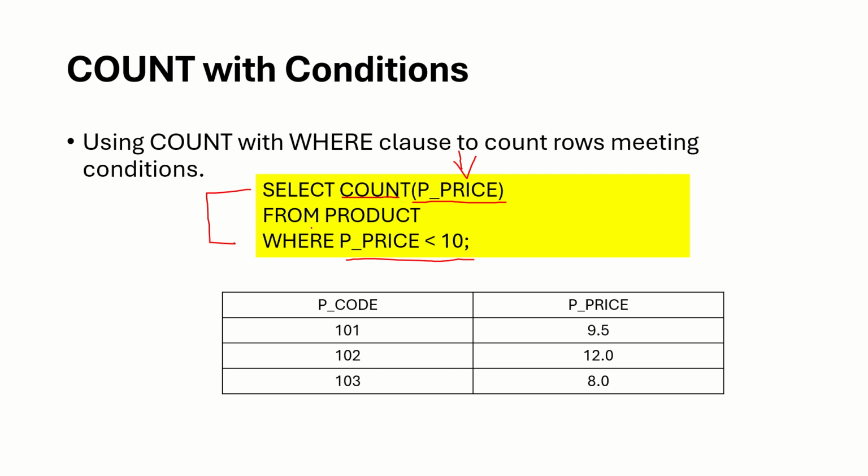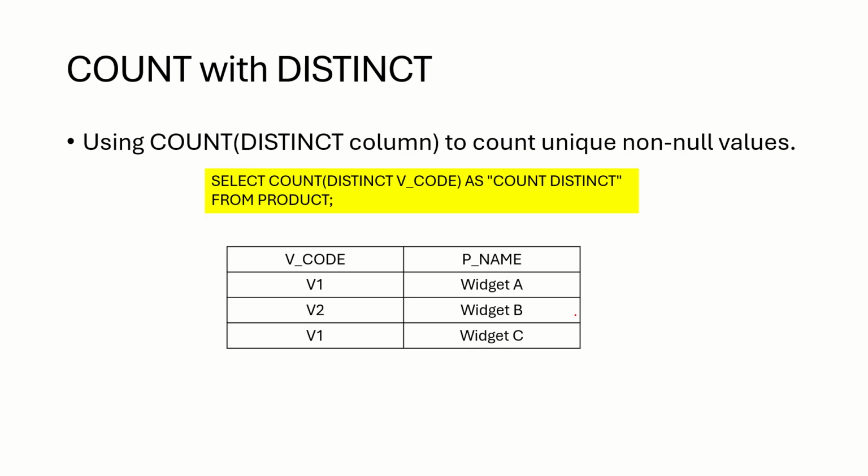This indicates the table we're looking up and where is the condition. So the price should be less than 10. It will return the number 2.